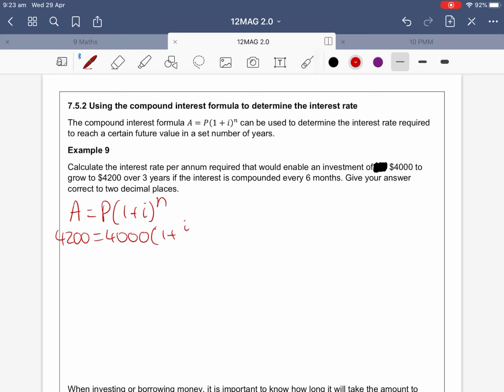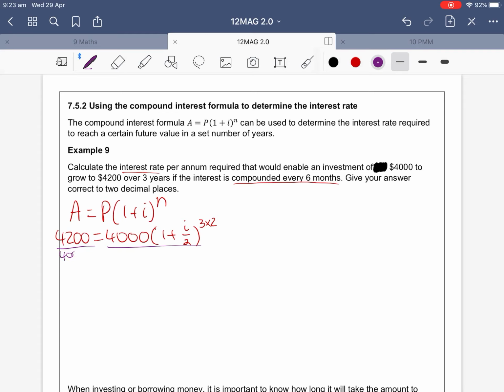Our principal is 4,000. 1 plus, now we don't know I, we're going to leave it there, that's actually what we're trying to find out. But we know whatever it is will be divided by 2 because we're compounding every 6 months, or twice a year, to the power of n. Now, 3 years every 6 months means we're going to have 6 compounds, or 3 times 2 compounds.